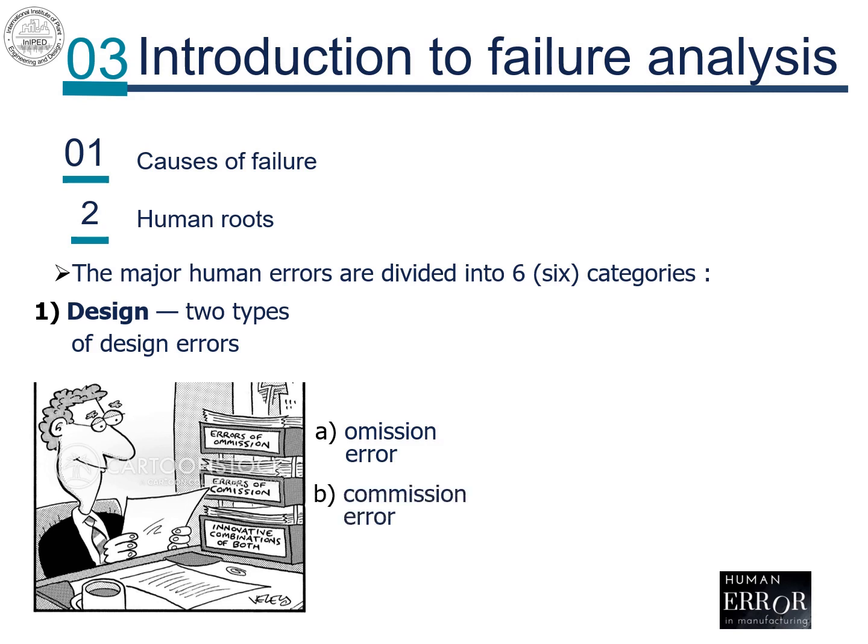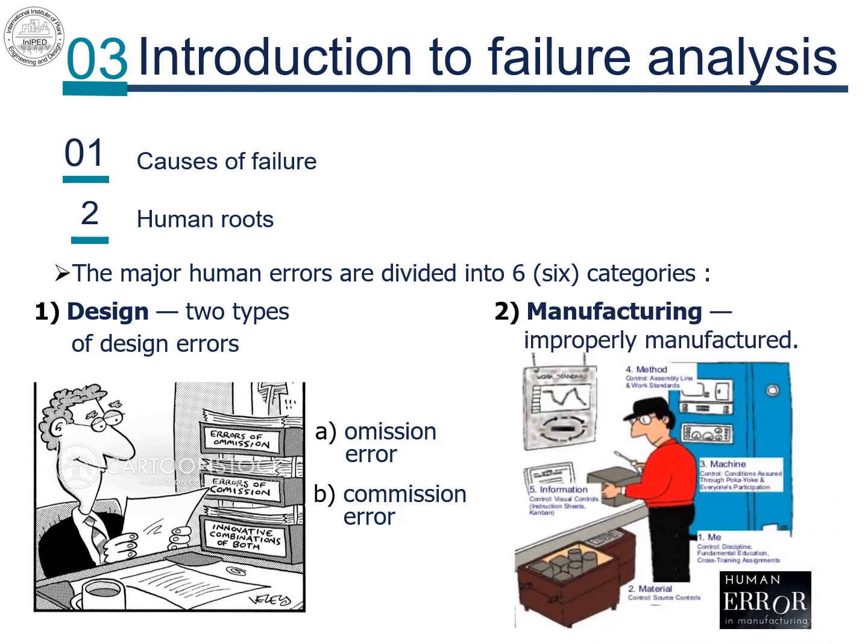A commission error is the one in which the decision is made to use an otherwise acceptable design, under conditions that led to failure. 2. Manufacturing. A manufacturing error occurs when a machine that was properly specified and designed is improperly manufactured.